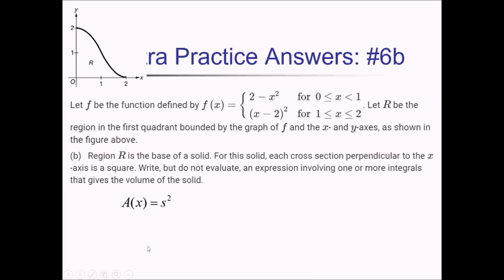So I have my volume equaling an integral from 0 to 1 of basically 2 minus x squared, squared. 2 minus x squared by itself is just giving you one side of the square, so you just multiply that by itself to get the area of the square, and don't forget your dx there. Plus we have an integral from 1 to 2 of this other rule squared dx.